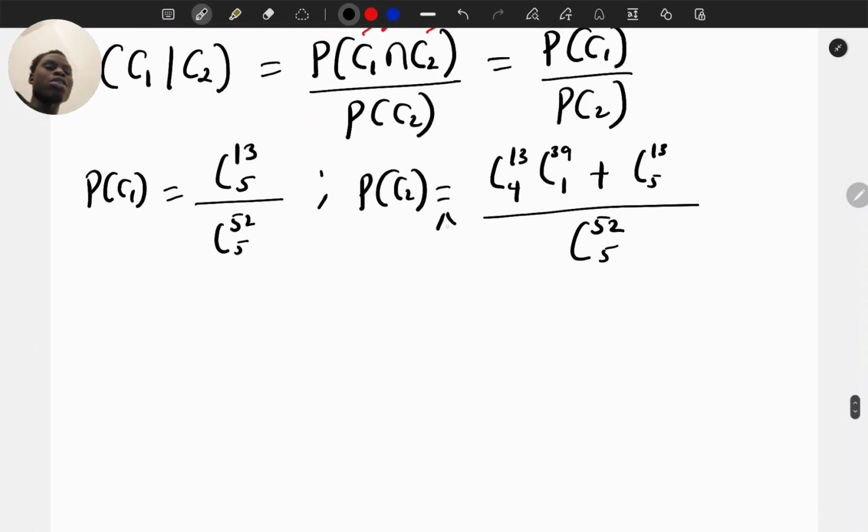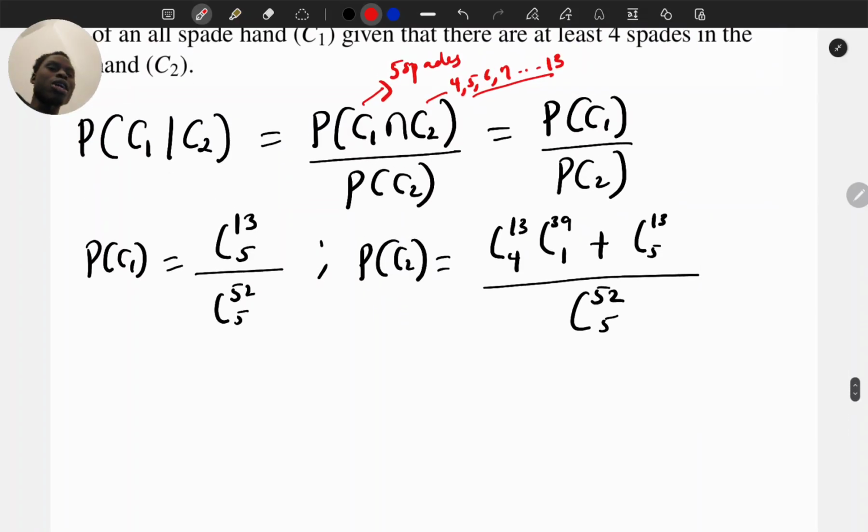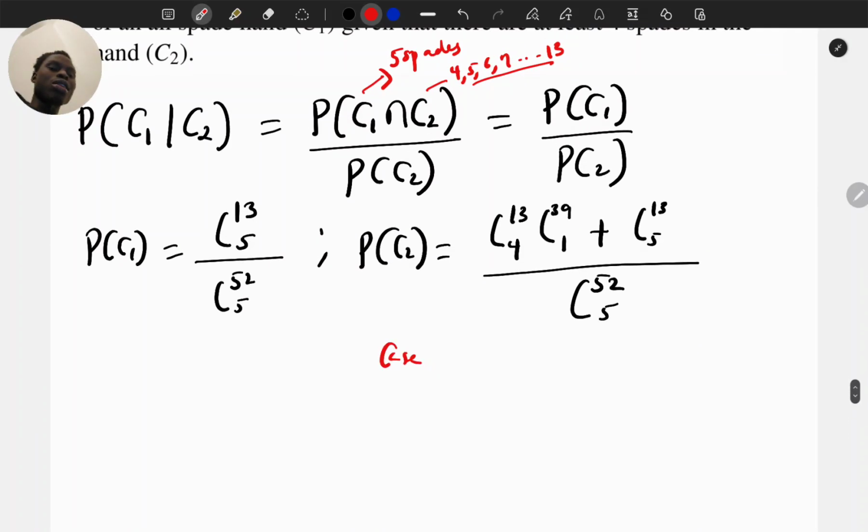Let me explain this further. The cases we have here are for the probability of at least 4 spades in the hand. Case 1, at least 4 means that we have 4 spades and one another suit, or one another kind. Case 2, we pick all 5 spades. That's why we have these two cases.